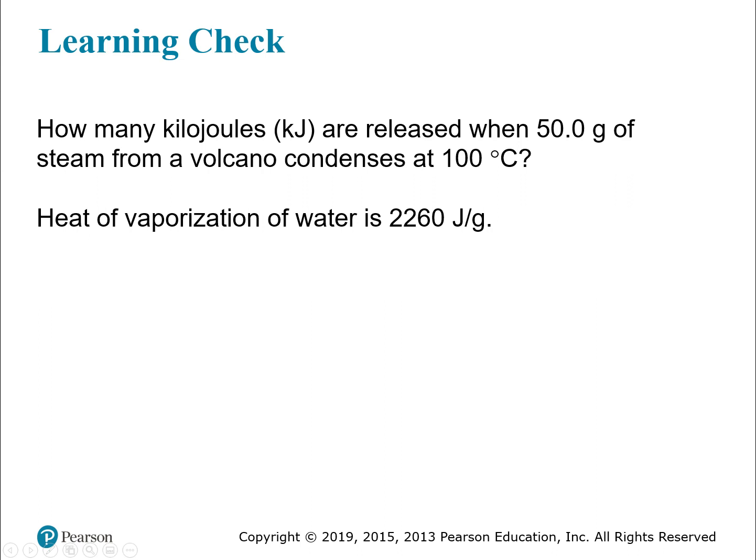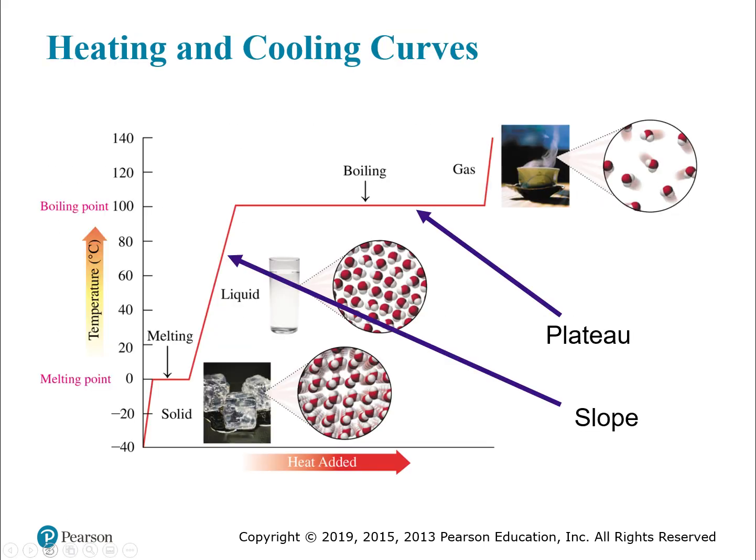Now let's do this with kilojoules. We've got 50 grams of steam being released from a volcano at 100 degrees Celsius. Oops.